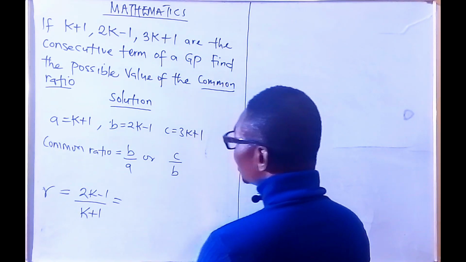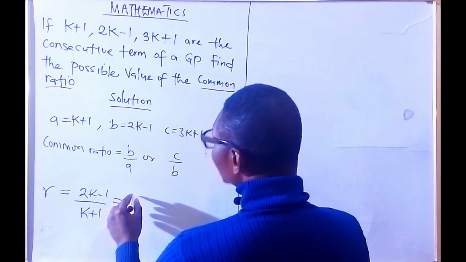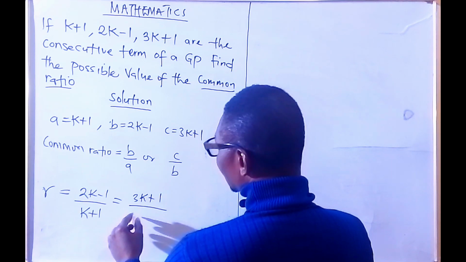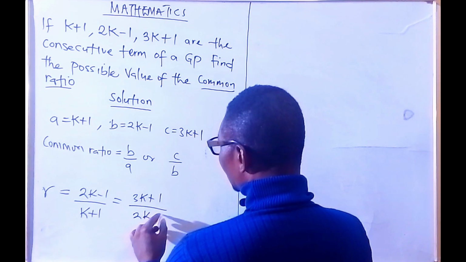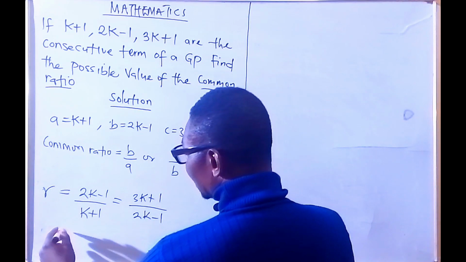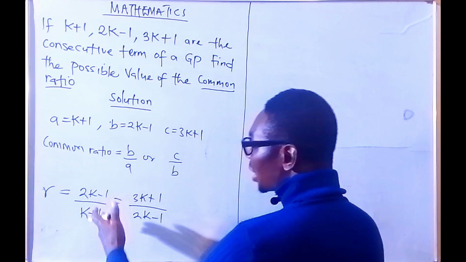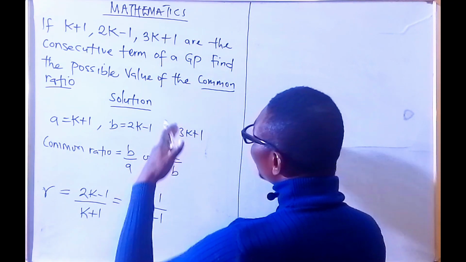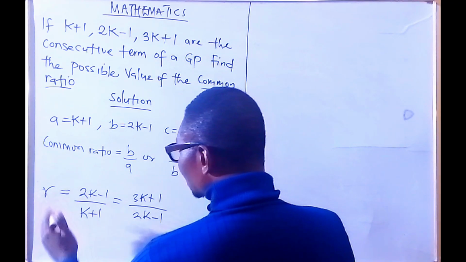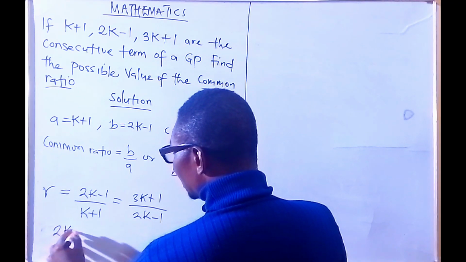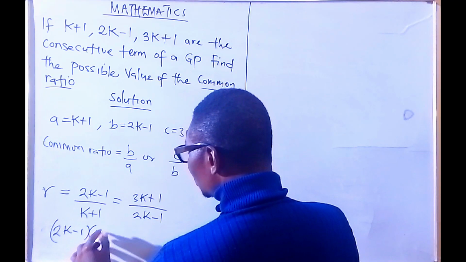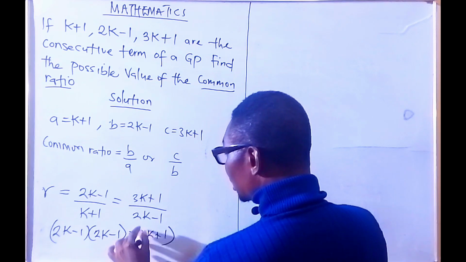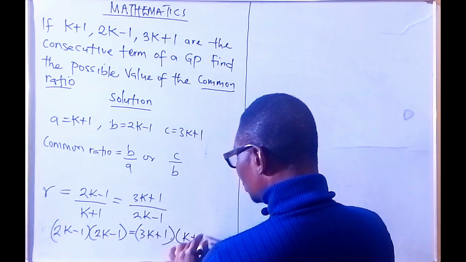Then equate it to the third term, which is 3k plus 1, divided by the second term, which is 2k minus 1. At this point, we can cross multiply because we need to find the value of k so that we can get our possible value of the common ratio. If you cross multiply, we have 2k minus 1 into 2k minus 1 is equal to 3k plus 1 into k plus 1.